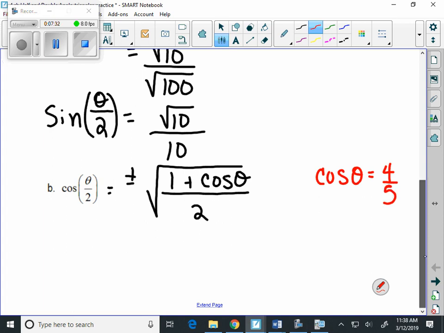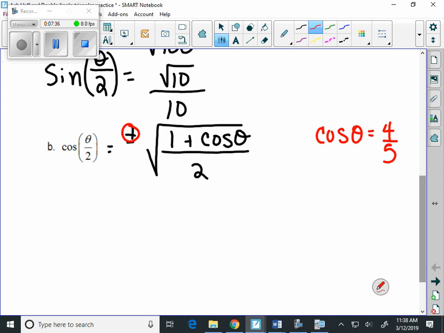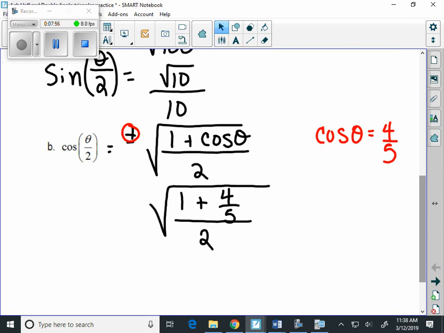And we also recently found that our answer is going to be positive. Since we're in the first quadrant already, and if we're working with half of a particular angle in the first quadrant, it's still going to end up to be in the first quadrant. So now we fill this in. We've got 1 plus 4 fifths divided by 2.